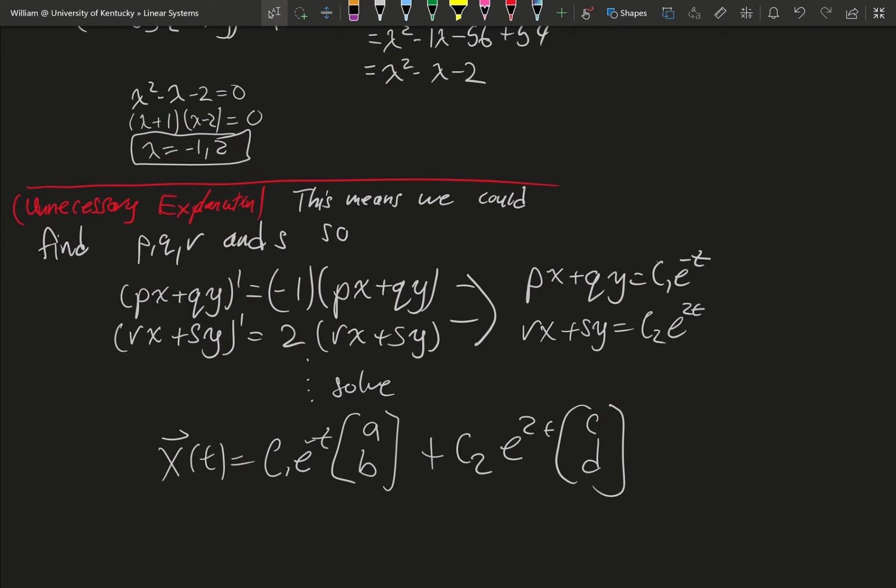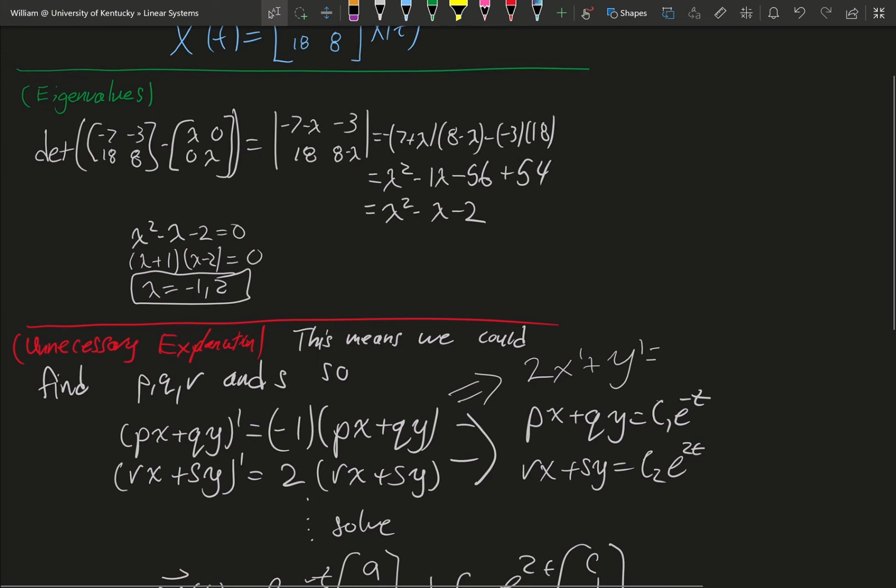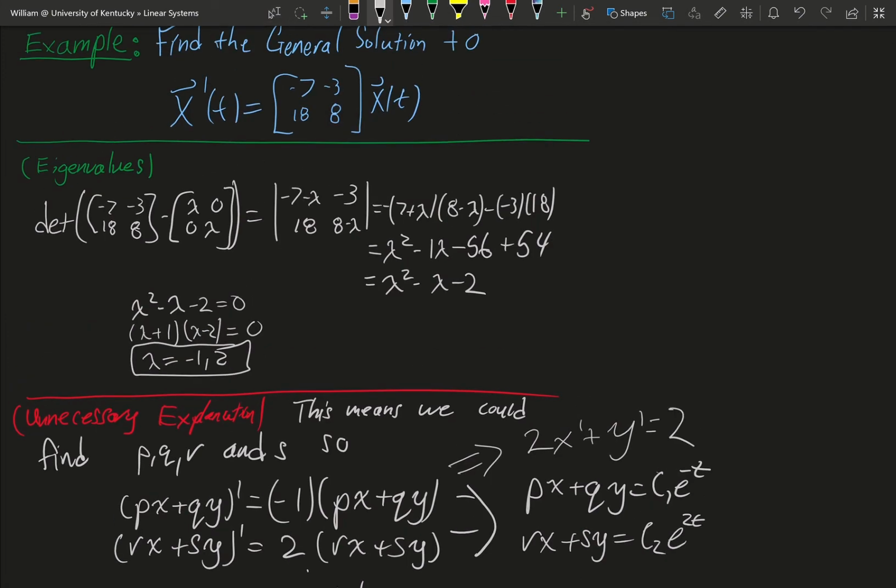So because we know that without actually finding what px and qy are, though we could, for instance, if I look at 2x prime plus y prime, looking back at my original equation, that would be 2 times -7x minus 3y and then plus 18x plus 8y.